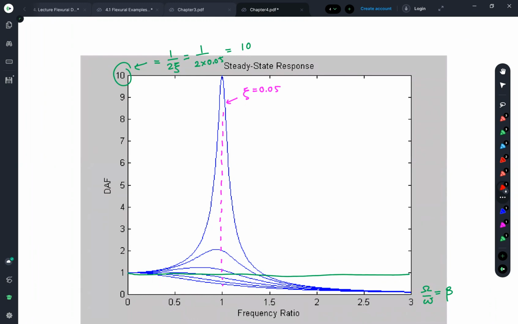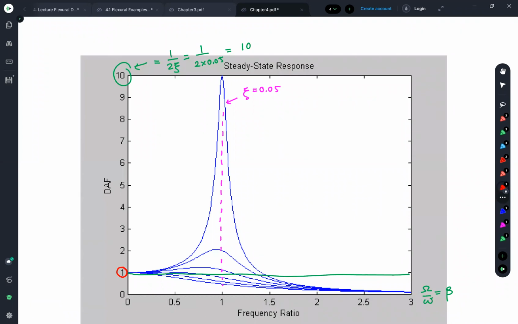It's very high, 10 times, 10 times the static displacement. See, the static displacement is 1, right?